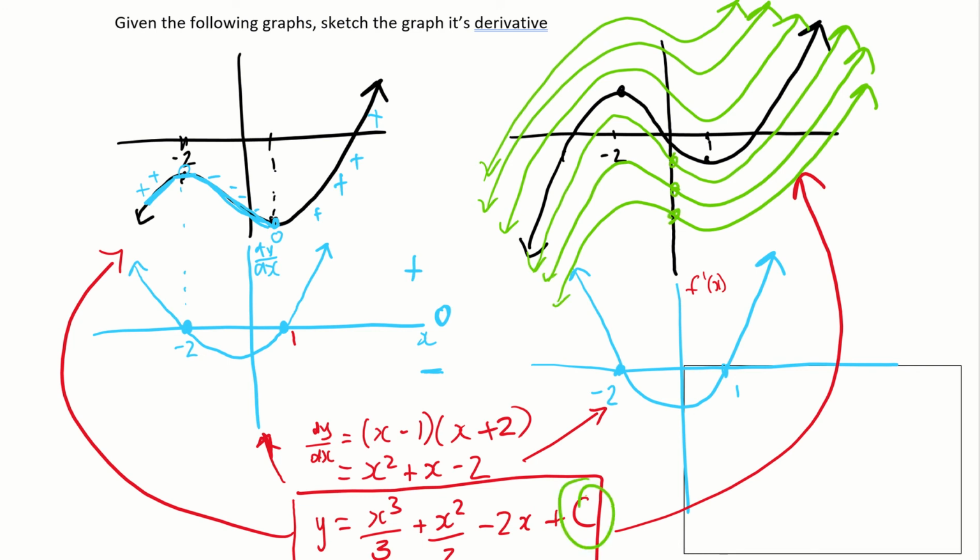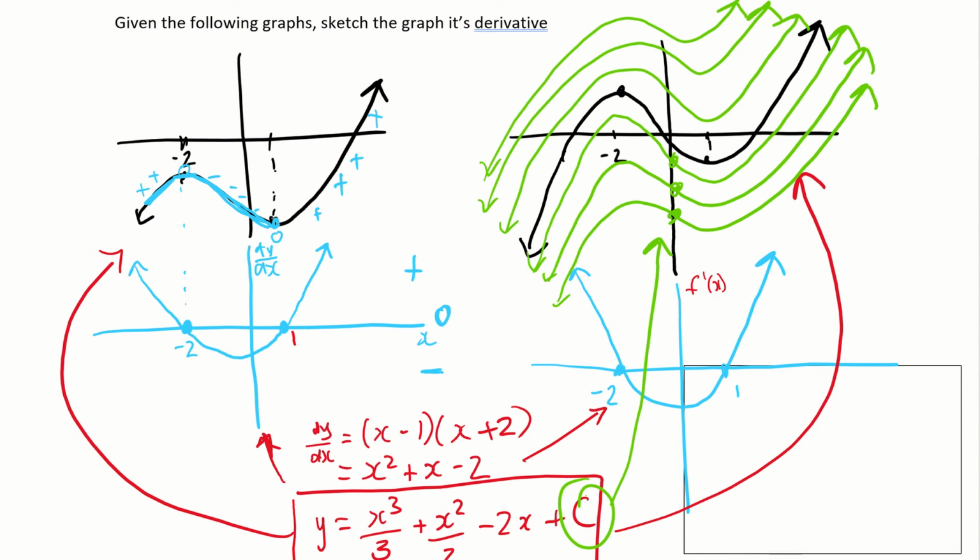Whatever that c value is going to shift those cubics up and down. So the point I'm getting at is, with a differential equation, if we want to sketch its original graph and go backwards, there's multiple versions, okay, depending on what c is.